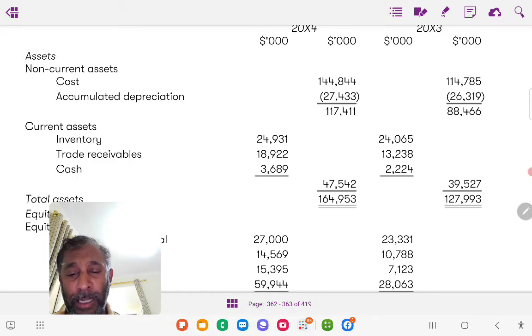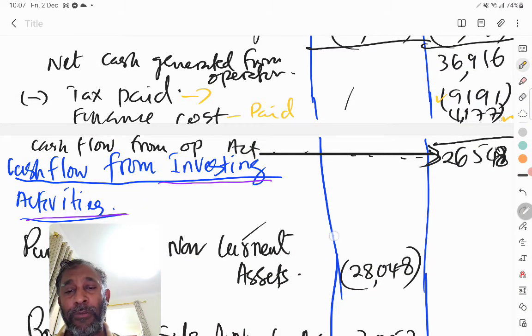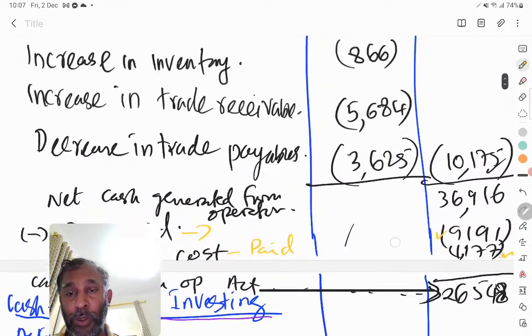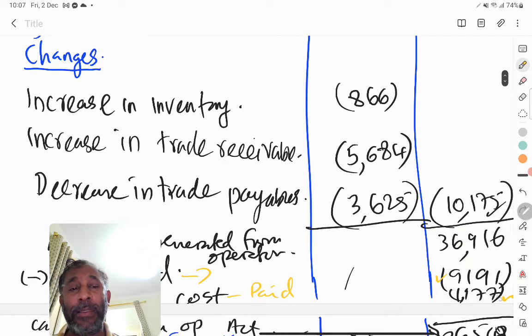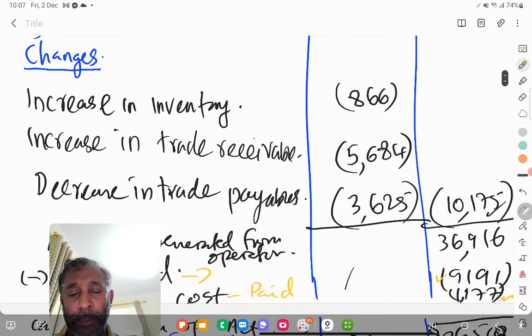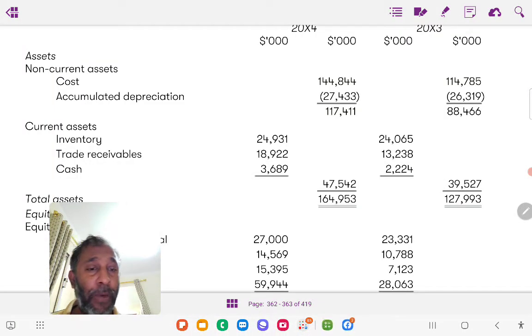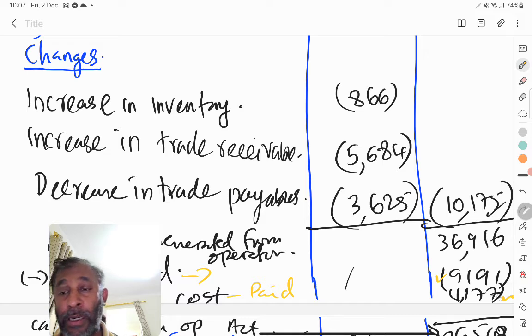Now inventory and trade receivables, these are changes in working capital. So here I have adjustments for working capital changes. You have to see whether these items have either increased or decreased. Compared to last year, inventory has increased and the receivables also increased. When these current assets increase, the effective cash impact is a reduction, so you need to show it within brackets or minus.